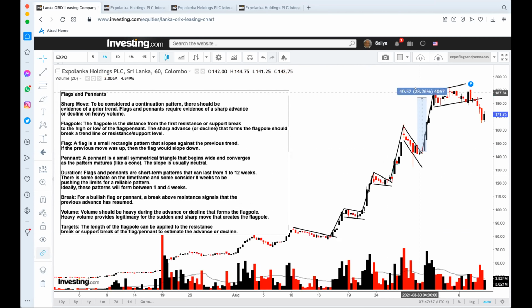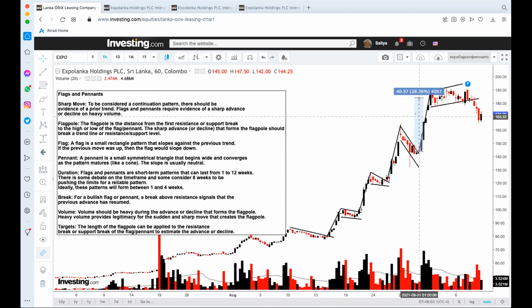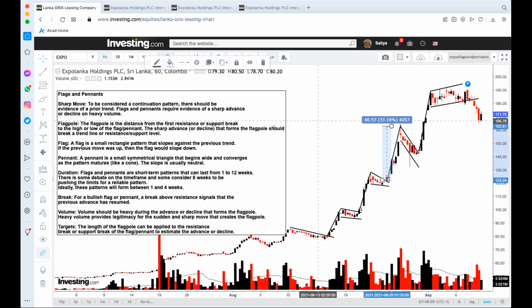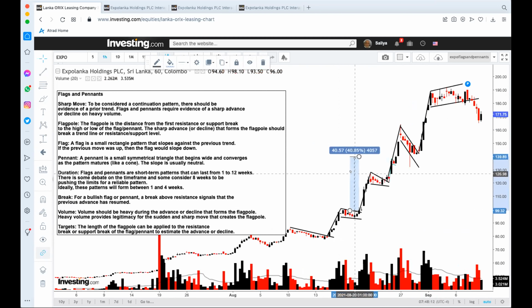You can see this is 28%, whereas this level was another 28%.